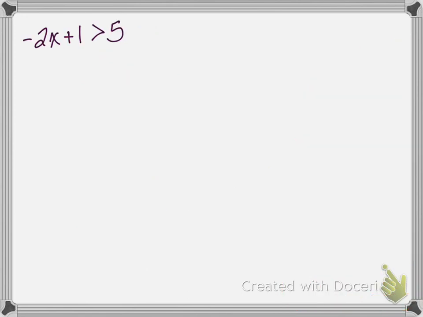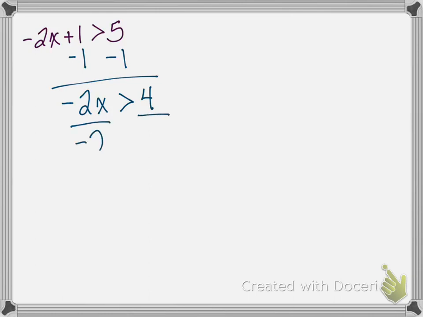Okay. So here, we're doing this one the same way. I am going to subtract 1 from both sides. I'm left with negative 2x is greater than 4. My next step is to divide by negative 2. This is what I'm talking about.